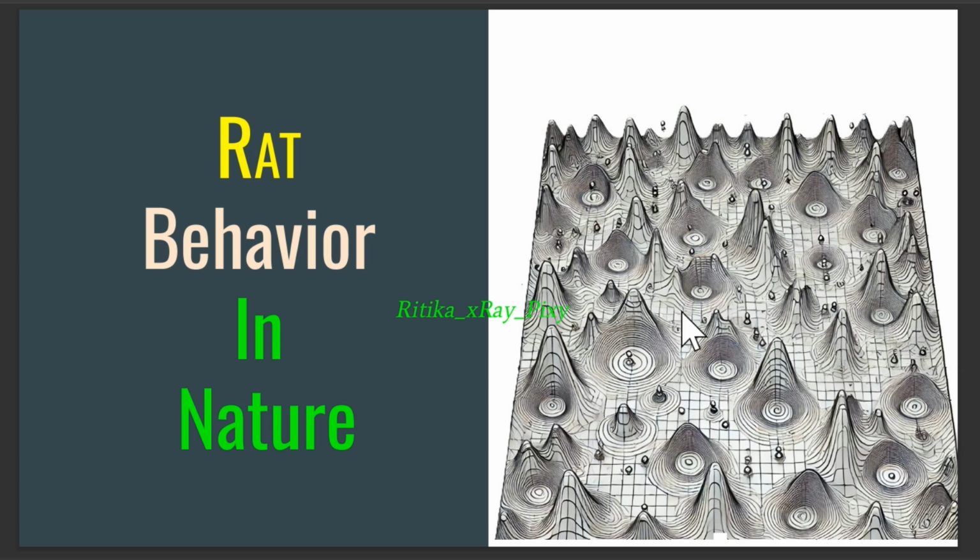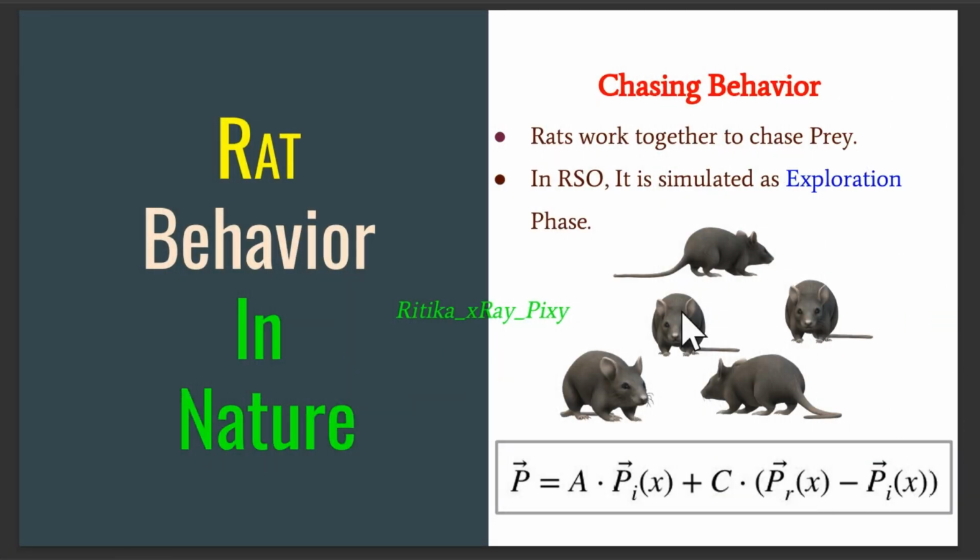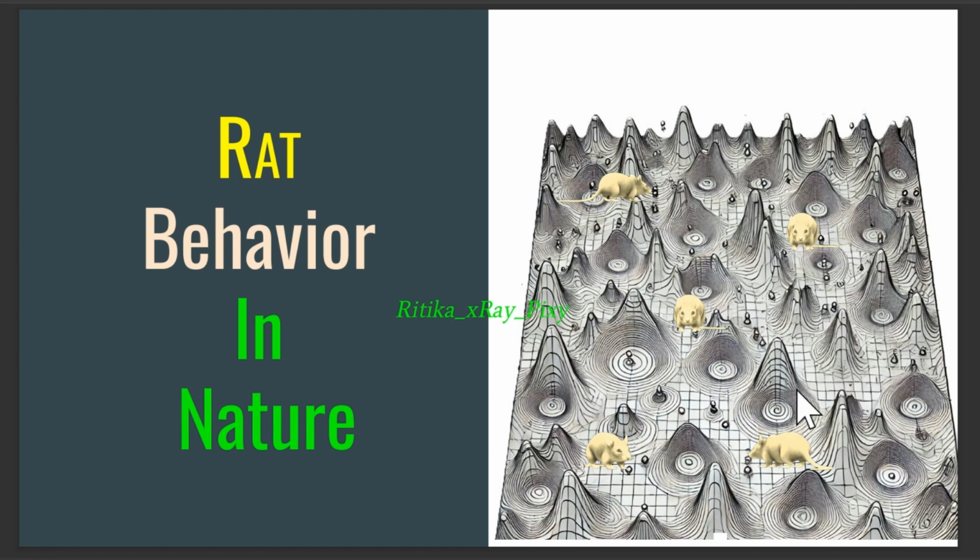Same in real life, rats work together, they share information. So in this algorithm each rat represents a problem solution, and during exploration, rats search through the solution space to find promising areas.